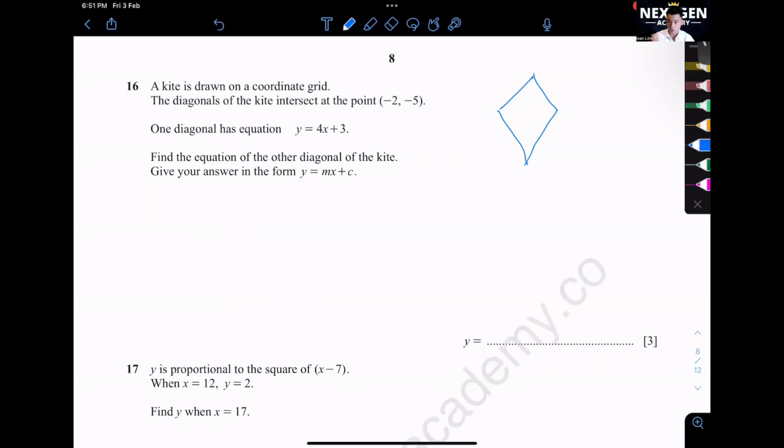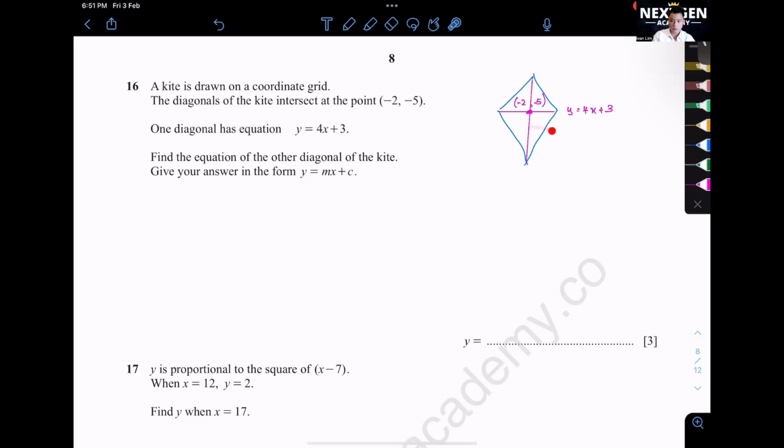This is under your mensuration. The diagonals are like this, and they meet at (-2, -5). One of the equations is y equals 4x plus 3.